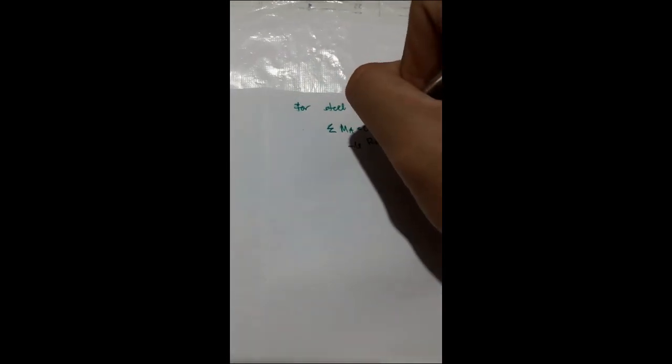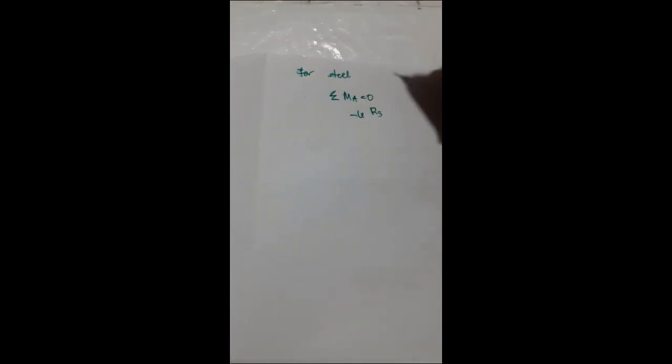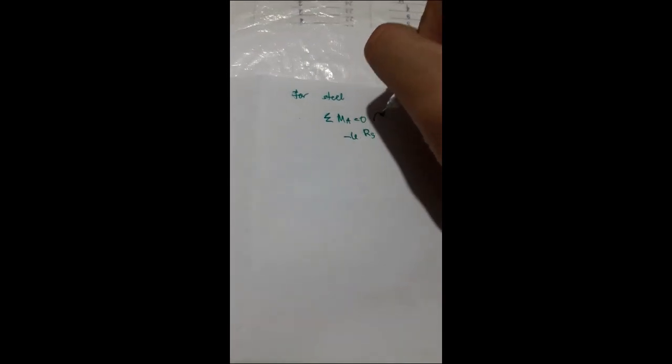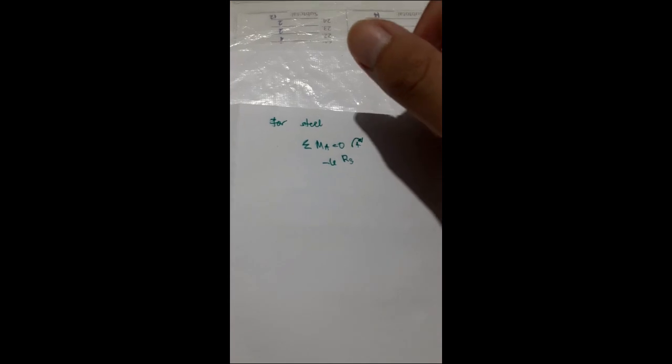So we have here negative 6 RS, the moment arm, counterclockwise, which is negative because clockwise is positive and this is counterclockwise.